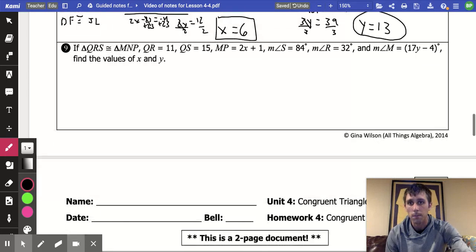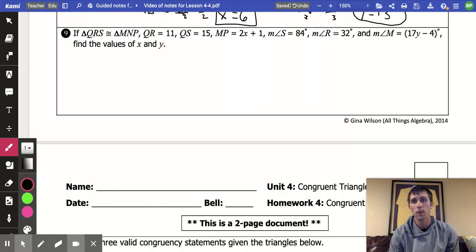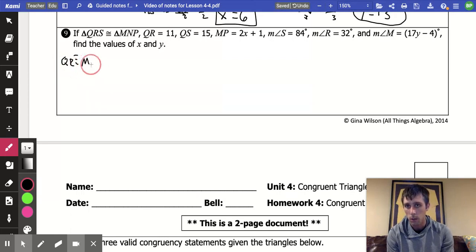Number 9. Triangle QRS and MNP are congruent. Okay. So they give us a couple things. They give us sides and they give us angles, right? So let's do the sides. QR is congruent to what? QR, first two here are MN. Then what do we have? RS is congruent to NP.